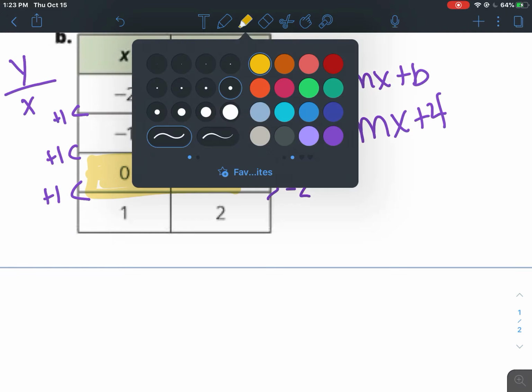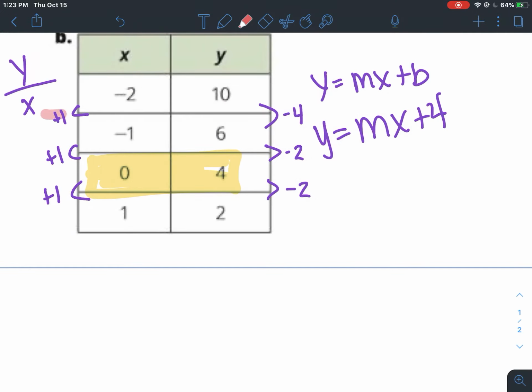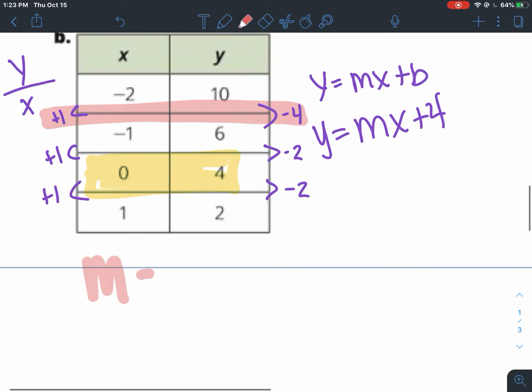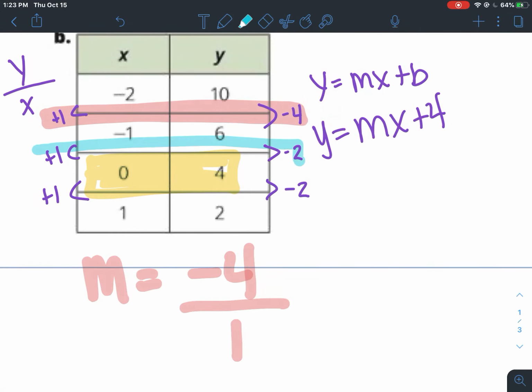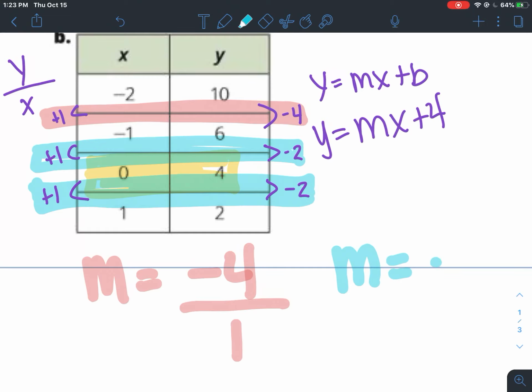So notice, let me change colors here. Right here, our slope is negative 4 over 1, y over x. But down here, let me change colors again. Okay, down here, these two slopes are the same, but this time m equals negative 2 over 1.